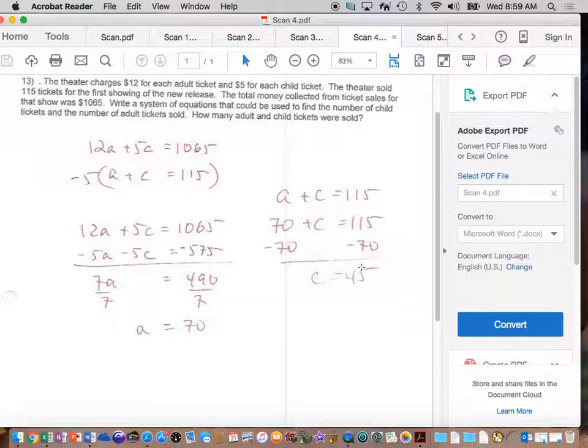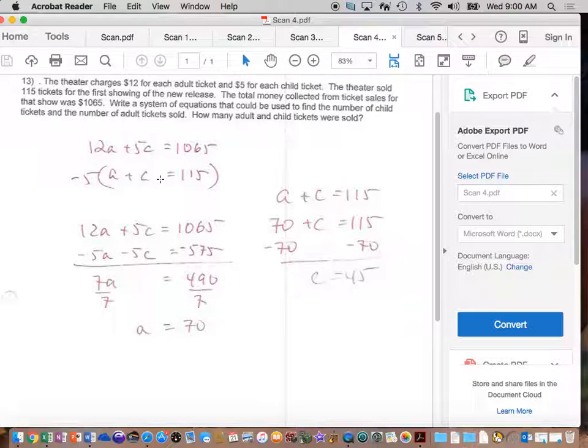You're supposed to realize that on your own. So the second equation, that adult plus child equals 115, is hinted at by the fact that the only thing in that paragraph that you've yet to use is the 115. So you put in the 115, and then it's A plus C is 115.